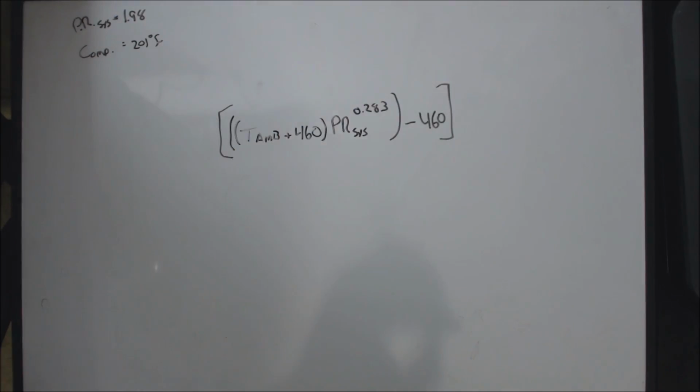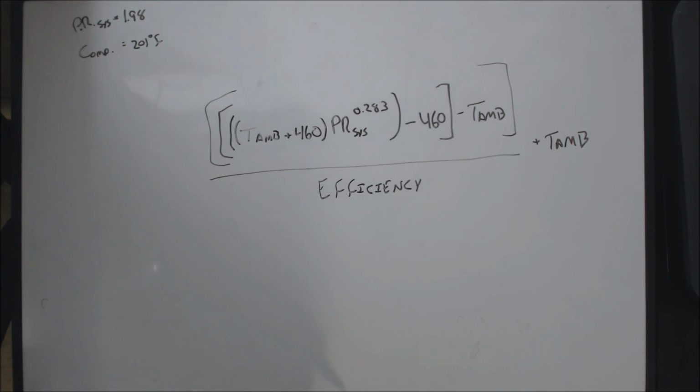The next thing that we want to do is figure out what kind of temperature is coming out of our compressor. So let's calculate that. To gauge the temperature coming out of the compressor, I can use this formula. Please do not be intimidated by it. It is not hard at all.